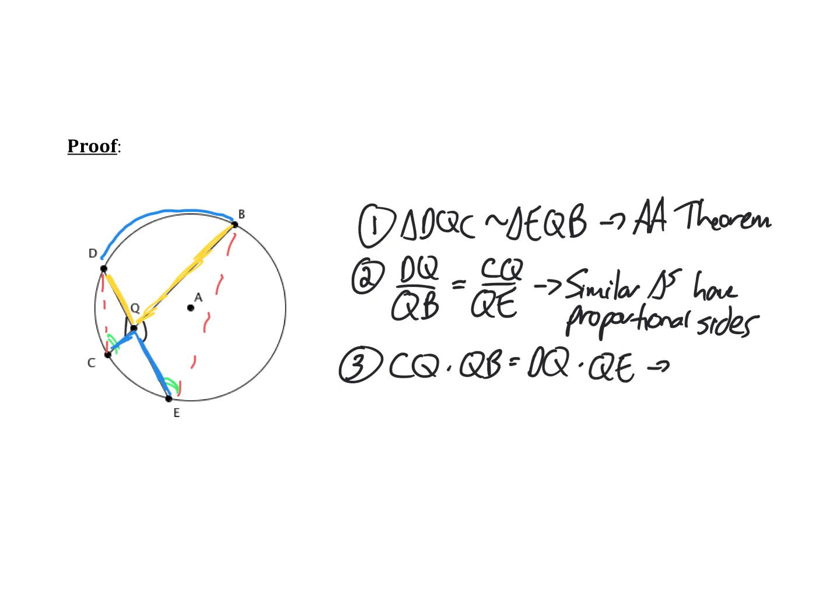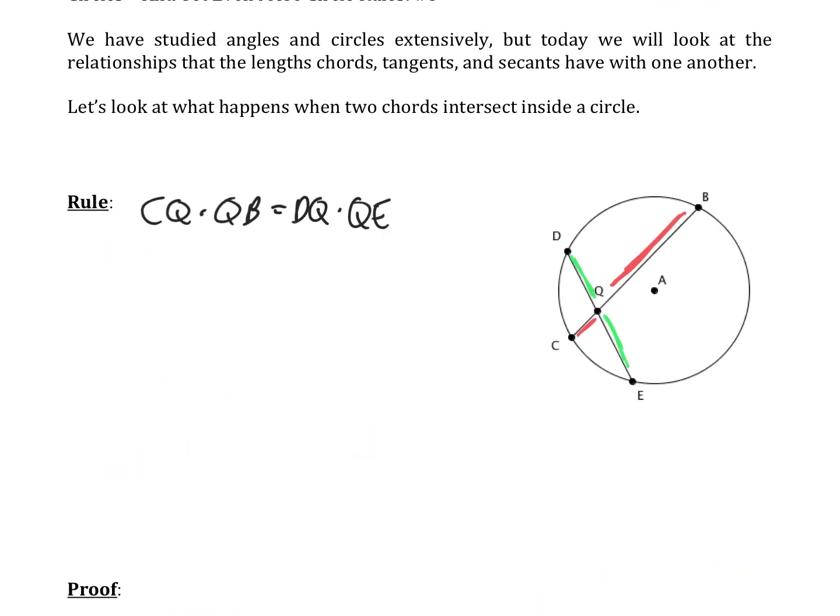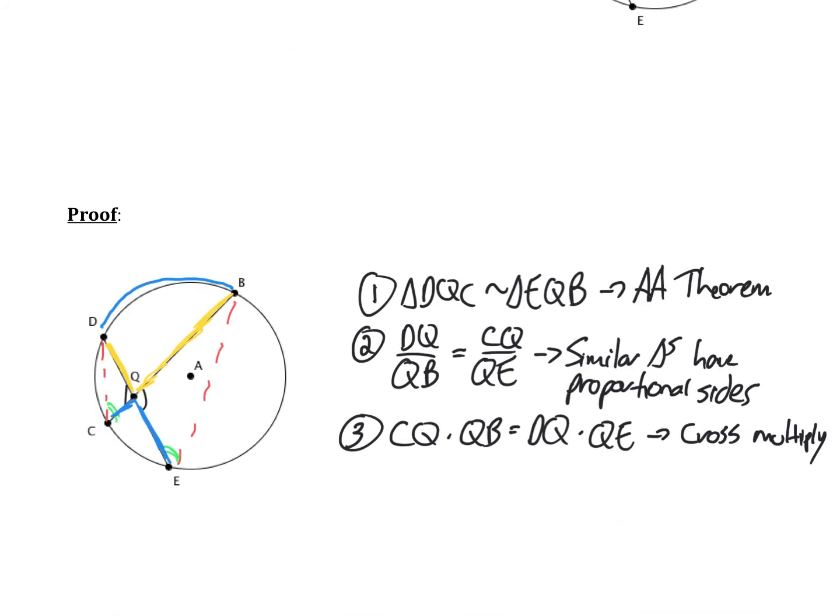And my reason just might be cross multiply, properties of a proportion. And let's say we've proven it. If you go back to the top, we said CQ times QB would equal DQ times QE. And down here we just proved it.